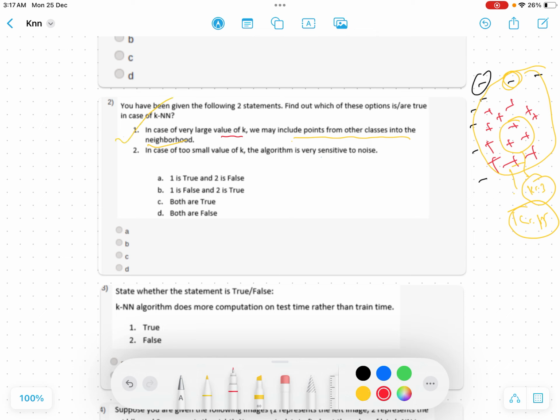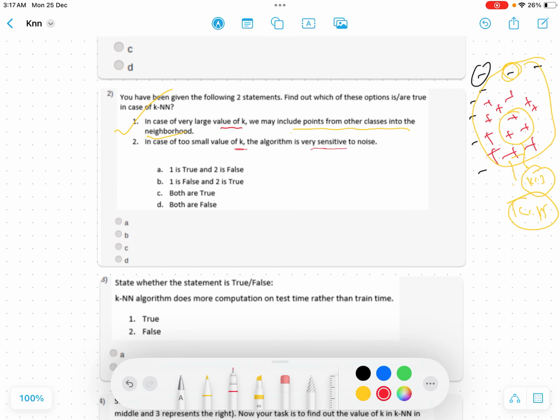And in case of too small a value of k, the algorithm is very sensitive to noise. Let's suppose there are two negative class points here and three positive class points here. Due to noise, it may appear that a point is not a neighbor of the test point.